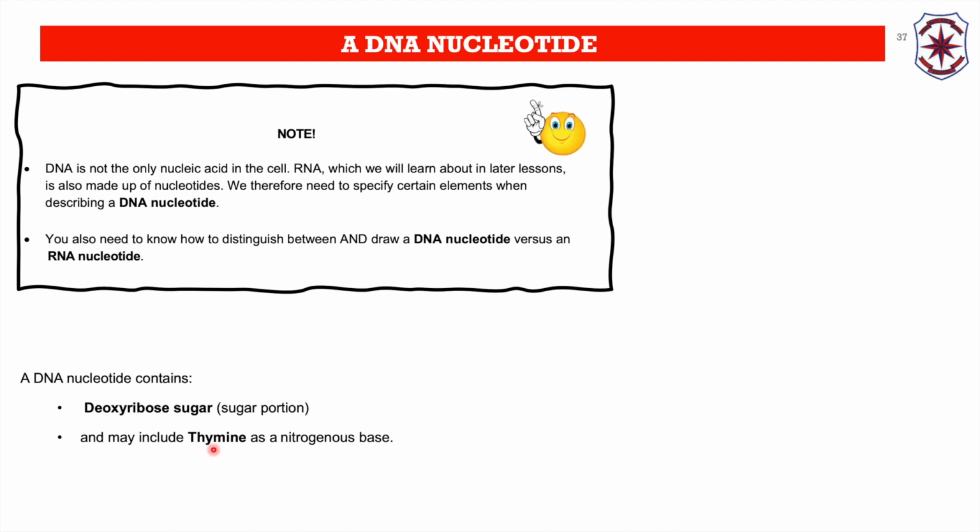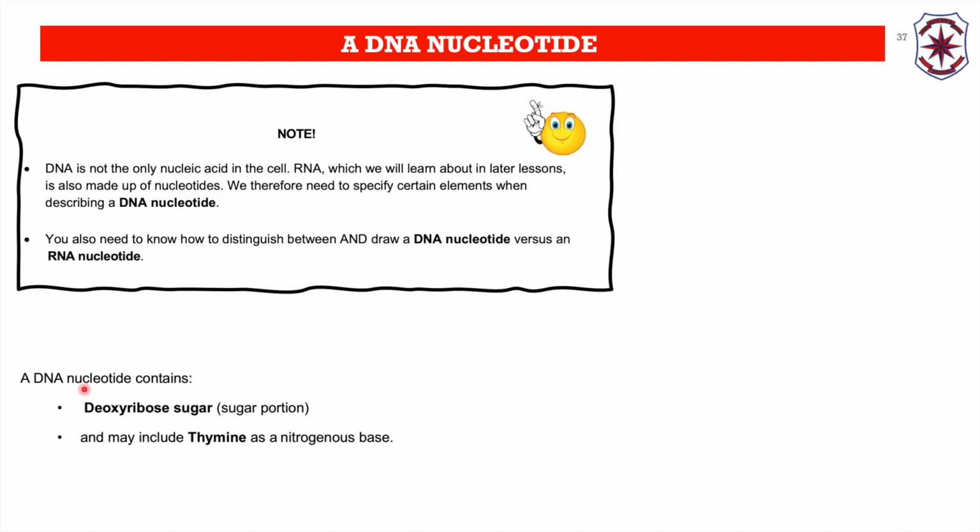So thymine is only found in DNA. Remember, we have 4 nitrogenous bases. We have cytosine, which we have both on DNA and RNA. Guanine, that we both have on DNA and RNA. Adenine, both found in DNA and RNA. But thymine is exclusively found in DNA and DNA alone.